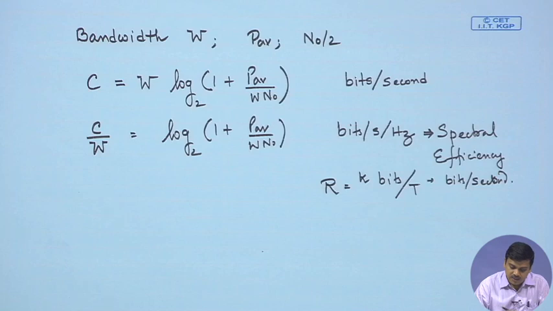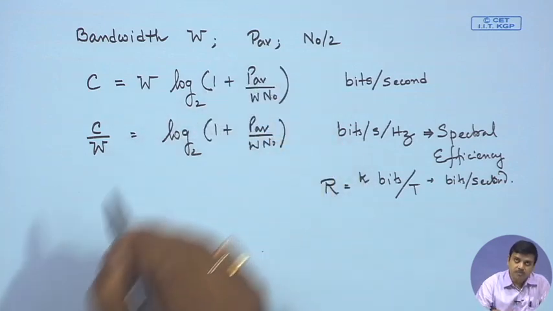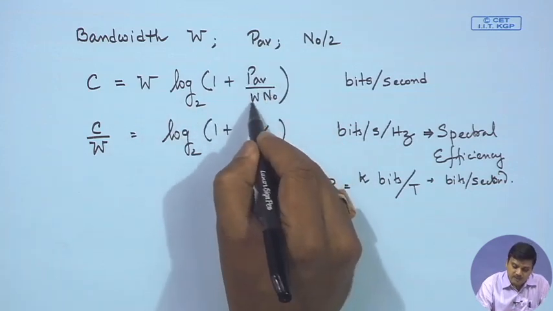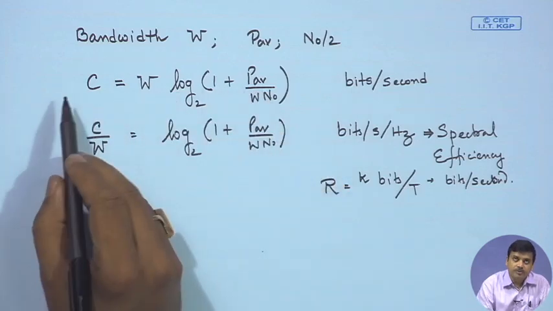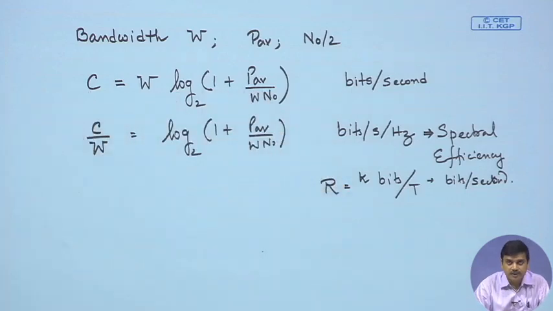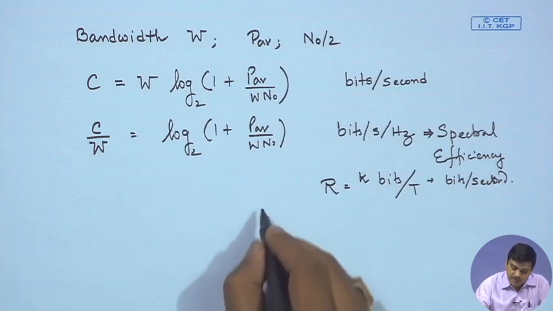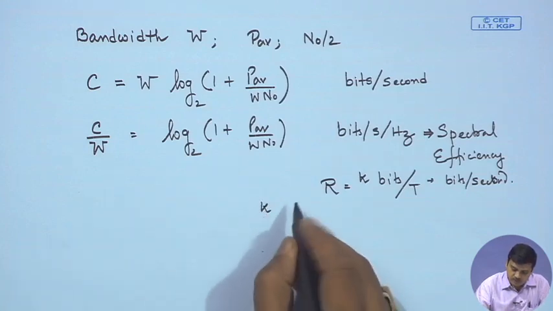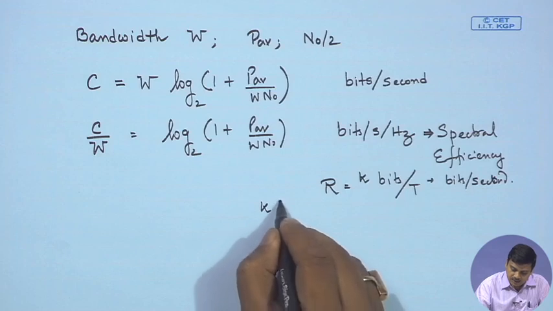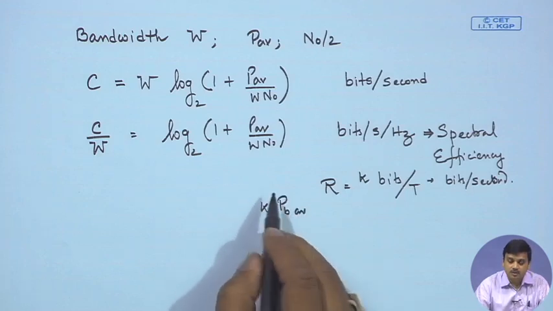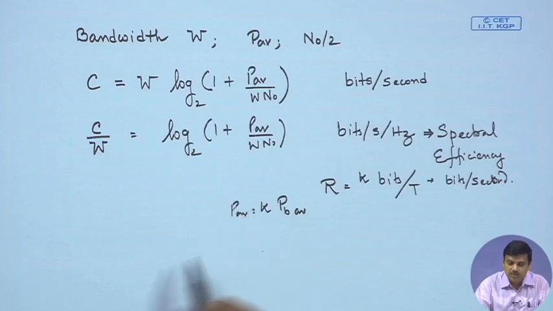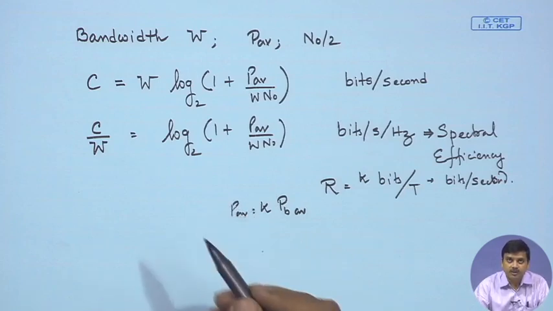Whenever you are given an average transmit power and a bandwidth, that is a band limited channel, we should be able to compute how many bits per second we are sending. P average you could also modify to K times P bit, that is per bit. P average is the average power available per symbol, you can say.